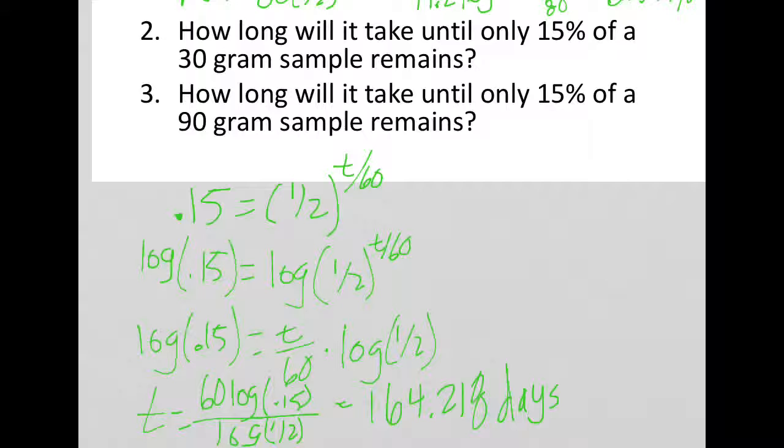I mean, if we wanted to, we could be super careful about it, and we could use the formula as it's written and say that the starting size is 30 grams, but then the size after t days is going to be 15% of 30 grams.